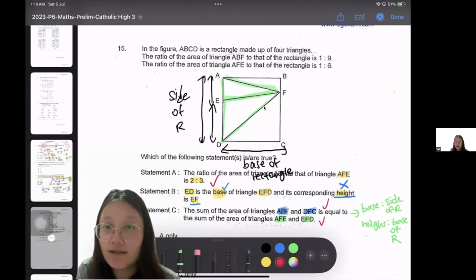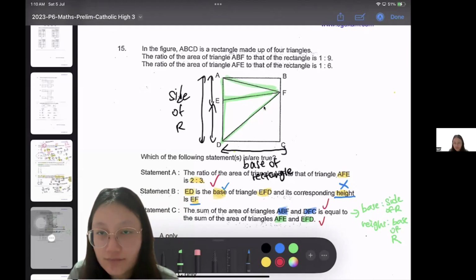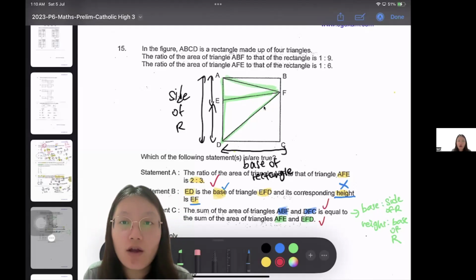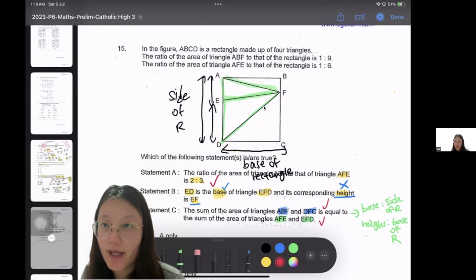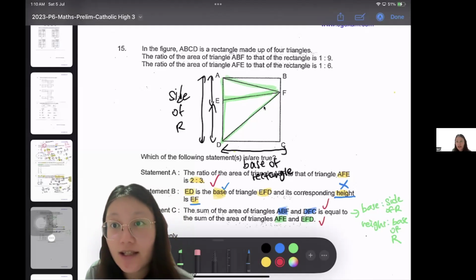And the height of these two green triangles is the base of the rectangle, which is the same as what we saw just now in the first pair, the blue triangles ABF and DFC. Their height and their bases are the same.